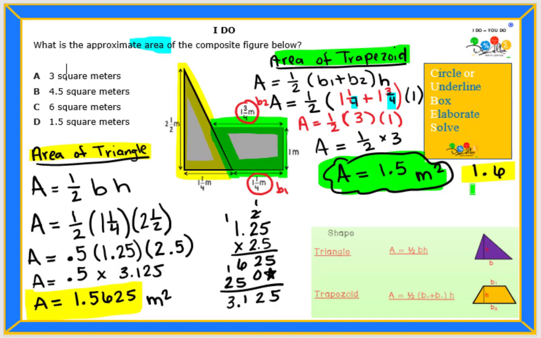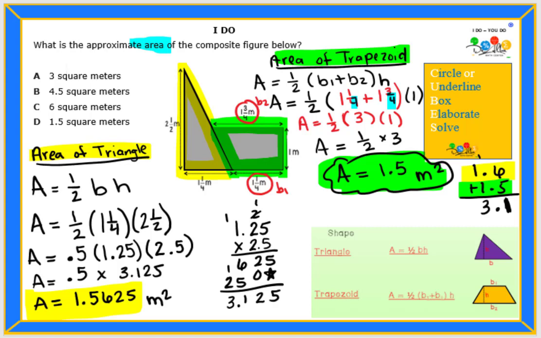Now for my trapezoid, we have 1.5. And we'll put those pieces together. And we have 6 plus 5 is 11. We carry 1. 1 plus 1 plus 1, that's 3. And this decimal comes straight down the middle because we keep our decimals in a straight line when we're adding.